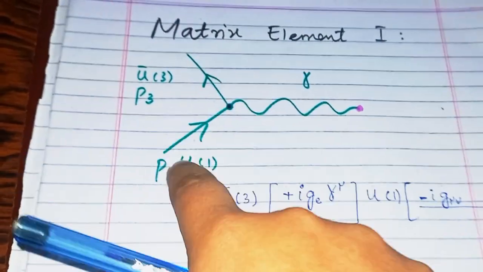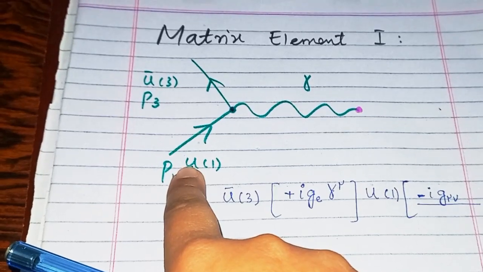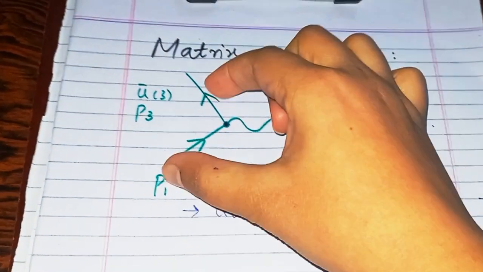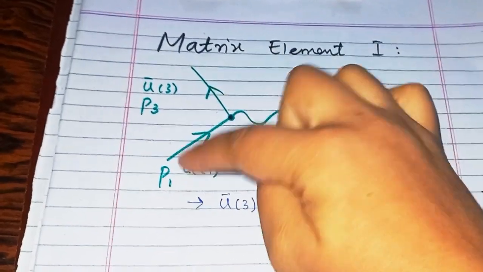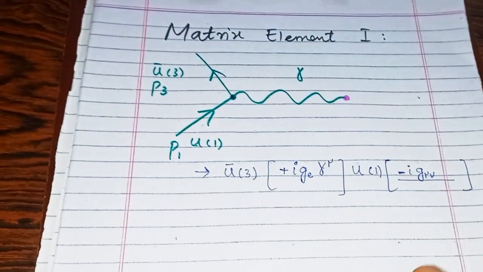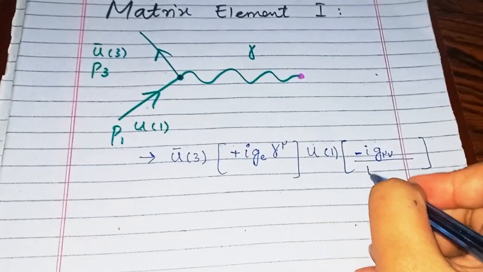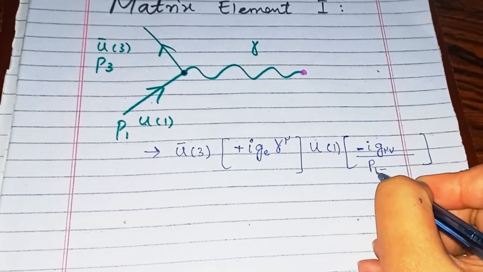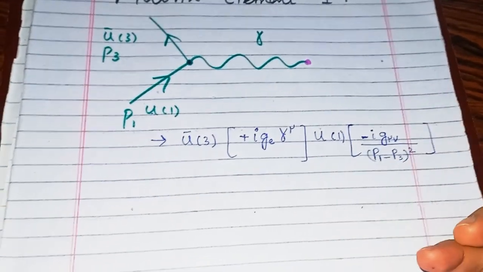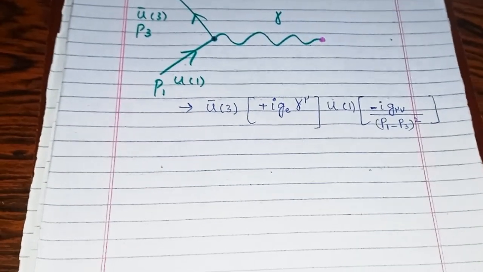We can see which particles are involved in this emission. These two are involved. So the difference in momentum of this particle and this particle is what the q squared means. So we have p1 minus p3, where p1 is the initial momentum and p3 is the final momentum, in its whole square. That is the propagator factor.